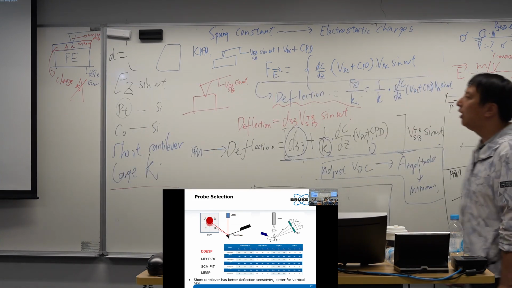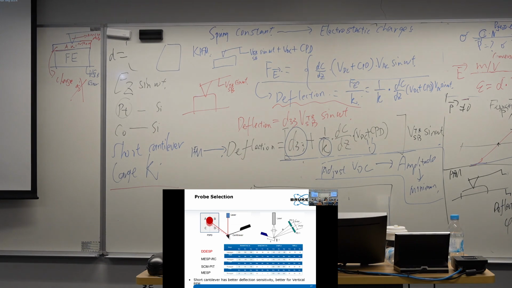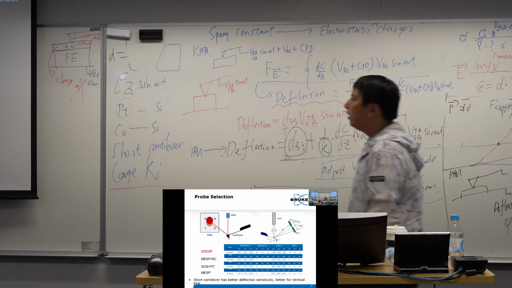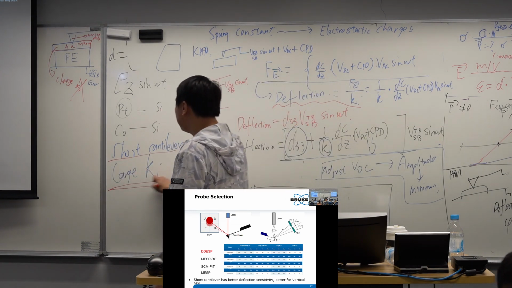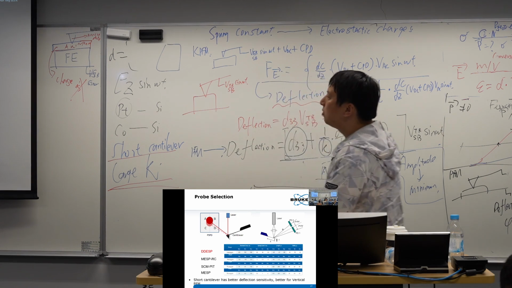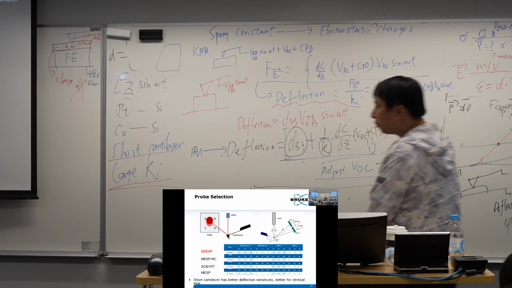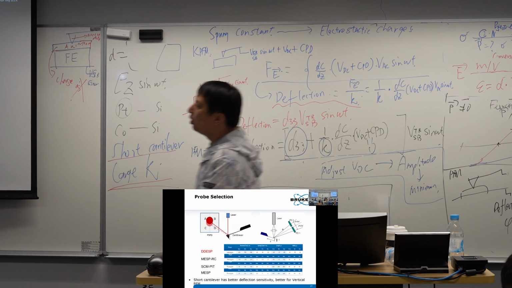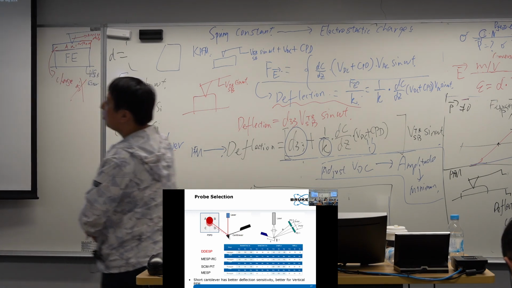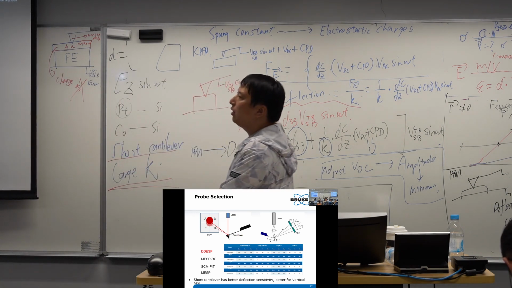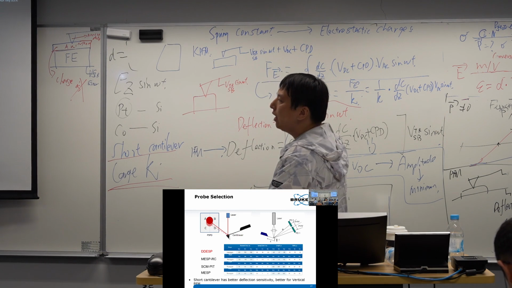We choose large K. So the best probe selection here is the short cantilever with large K. Bruker has a probe called DDESP, which I marked in red here. That's the best choice among Bruker probes.